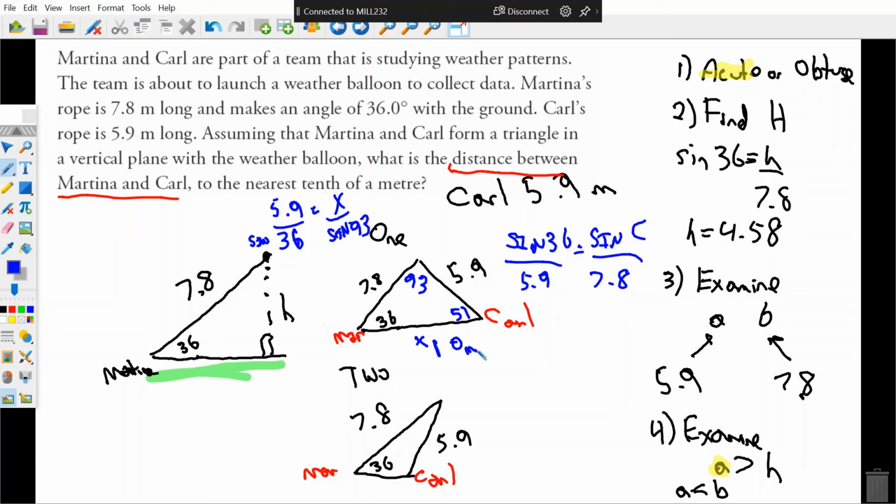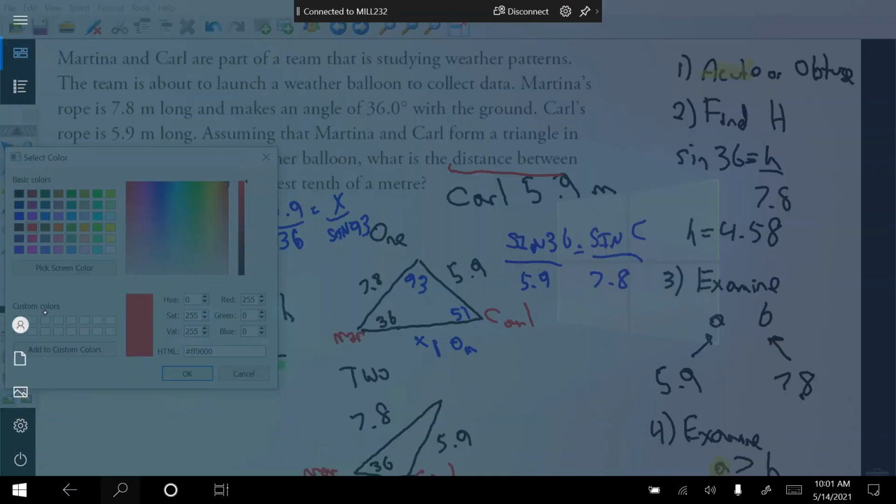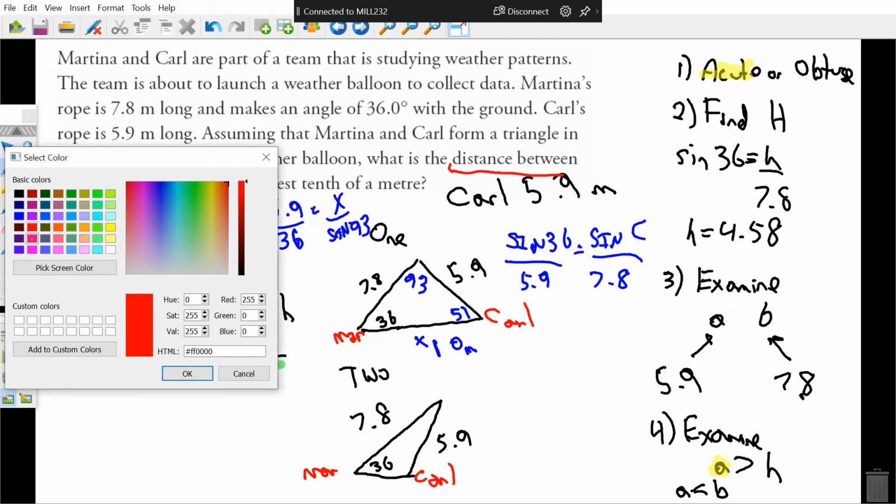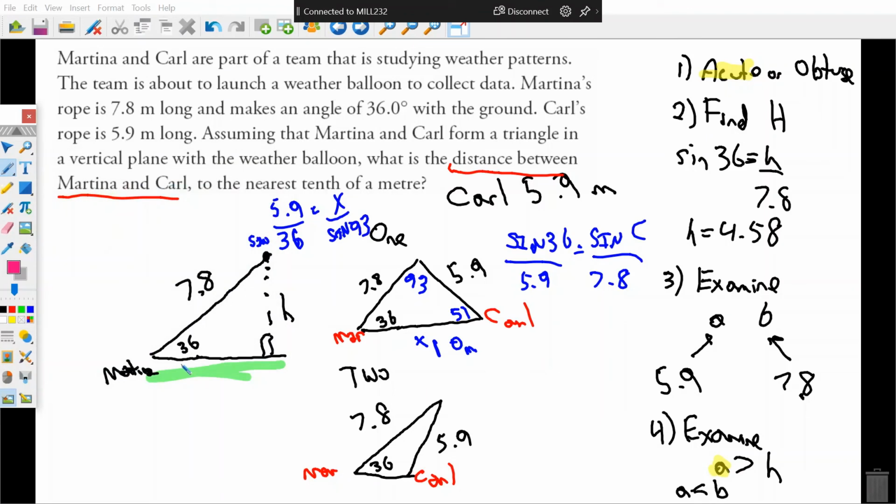The second possibility is that he's much closer. So again, we do the sine law again. I'll do pink. So again, the process is the same. We've got to find this angle C for Carl. So we're going to go sine 36 over 5.9 equals sine C over 7.8.